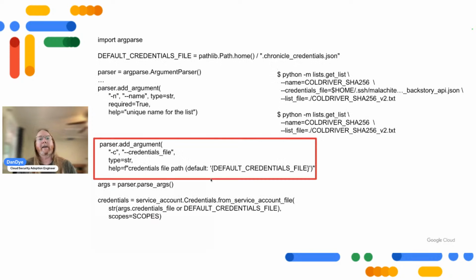All right, unlike the name argument, here credentials file is not a required argument. In the name one, we see that required is true, and that's not specified at all for the other. So the default is false. The existing examples have that default, and the default is defined as a module level global in all caps at the top of the script.